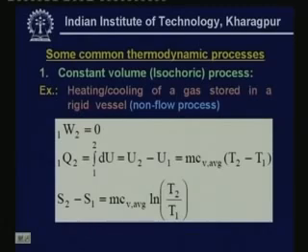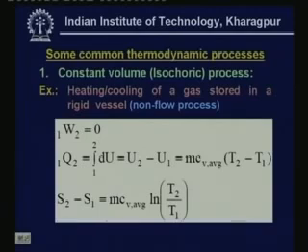Now let us look at some common thermodynamic processes. In refrigeration and air conditioning, we come across a wide variety of processes, and if you want to find out the performance of a particular process or cycle, we need to understand that process, and estimate the heat transfer, the mass transfer and the entropy transfer during that process.